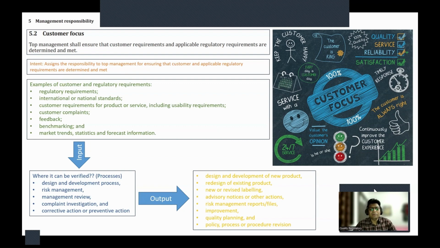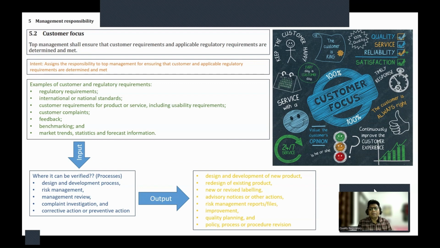These are the inputs, and then where can it be verified? Those would be processes like the design and development process, as I was saying in the previous slides, risk management, management reviews, complaint investigations, corrective action, preventive action. These are the steps where these things can be verified.